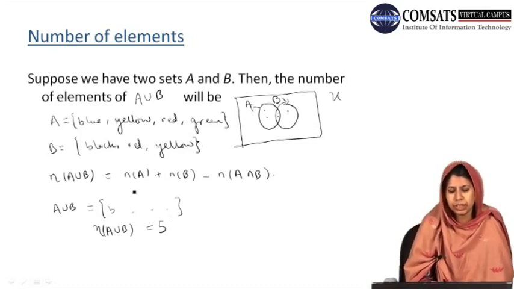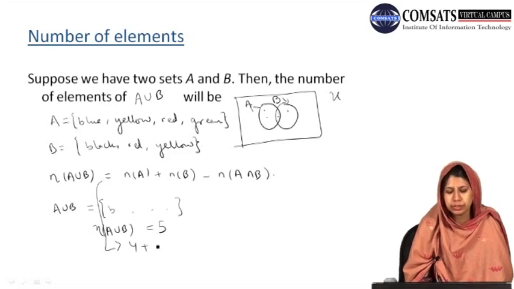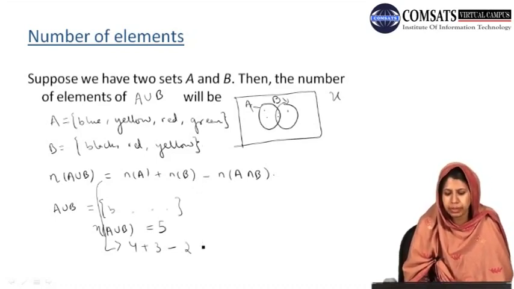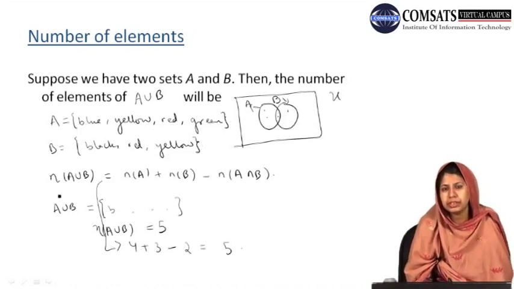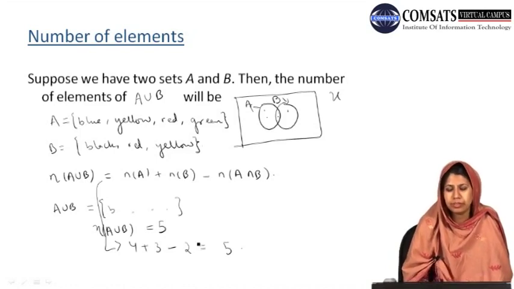And if we want to check this with the help of this formula, the number of elements of our set A is 4 plus the number of elements of our set B is 3 minus the elements which are common to both, the red and yellow balls, minus 2. So the number of elements in the union of A and B is 5.